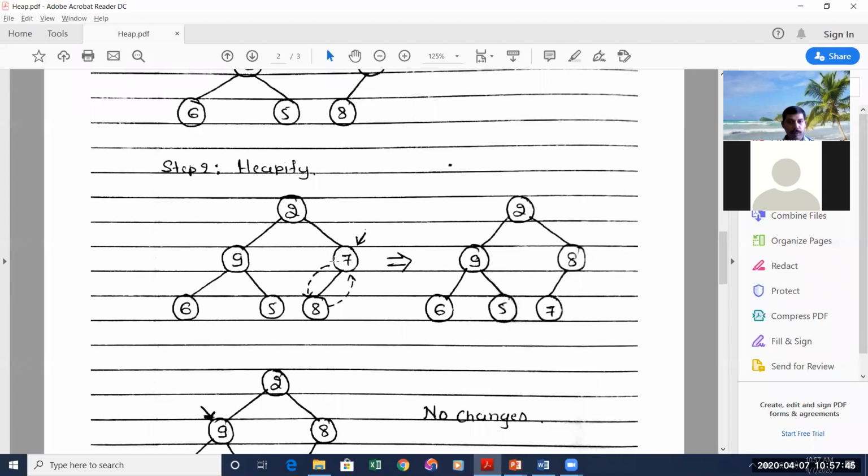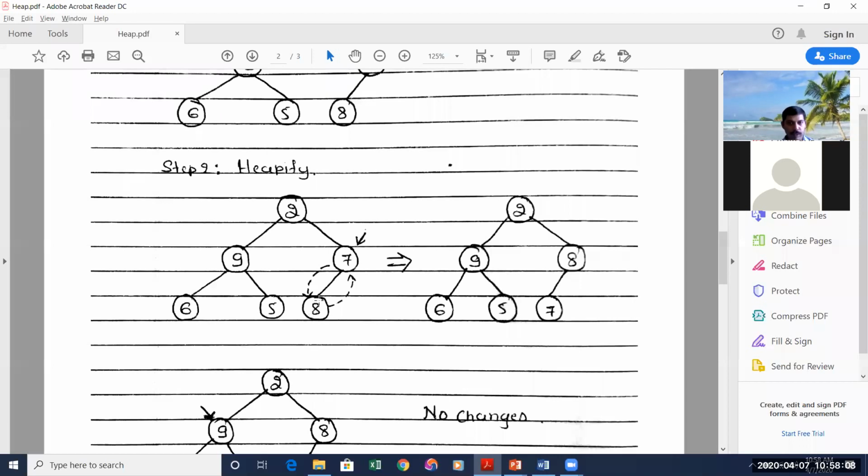You have to see whether, for this 7, the parental dominance property holds. For 7, if you compare with 8, the parental dominance doesn't hold, and that is why this 8 has to be brought to the place of 7. Before bringing this 7 to the place of 8, please check whether 8 has any children.